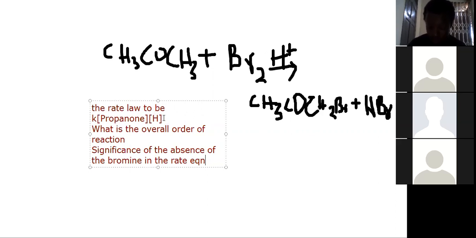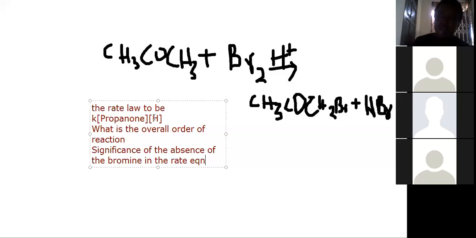That you already know. Now the second question says: what is the significance of the absence of the bromine in this rate equation? The other day when I was teaching the order of reaction, I said that if I double the concentration of one reactant, keeping the other molecules constant, and the rate also doubles, then that one is in order 1.